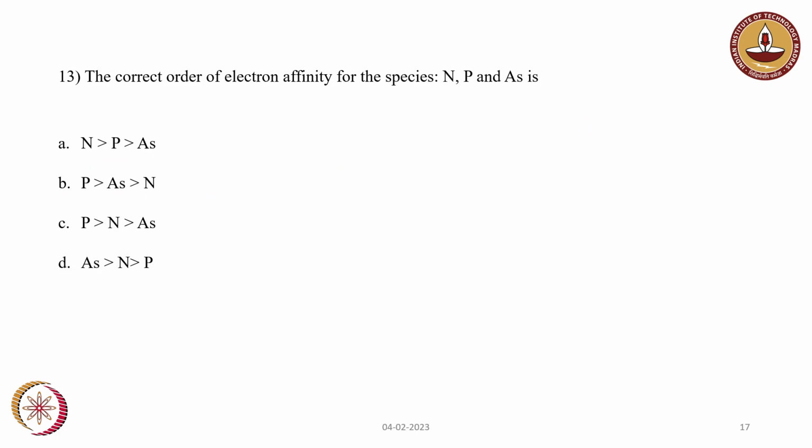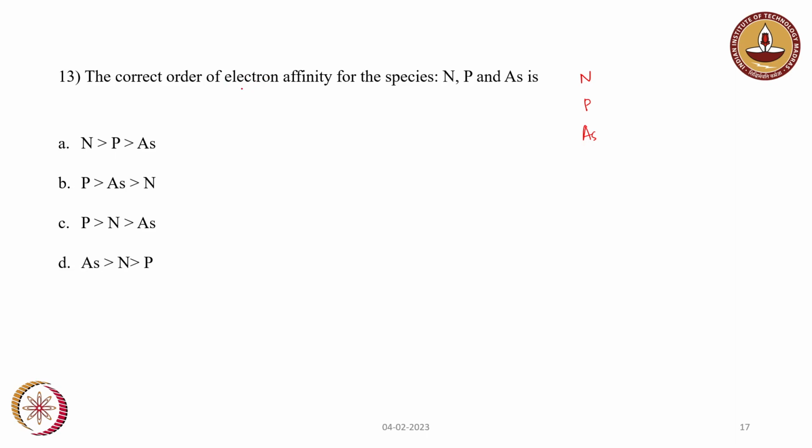And the next question is: the correct order of electron affinity for the species N, P, and As is. These elements are in the same group: nitrogen, phosphorus, and arsenic.